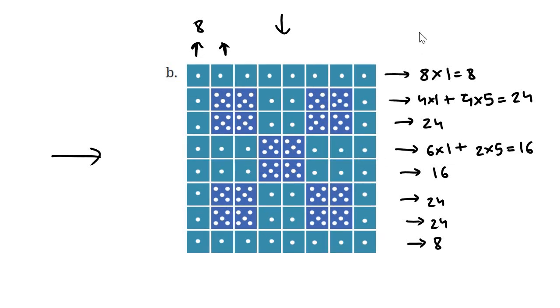This means that the addition numbers will be the same. So it will be 8, 24, 24, next 16, then 16, again 24, 24, and again 8. So these are the numbers for the second figure.